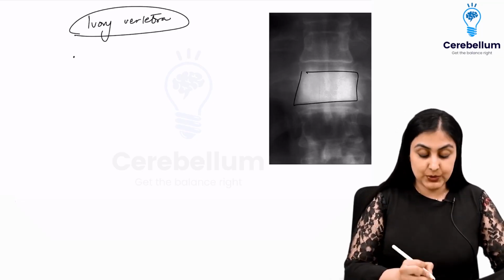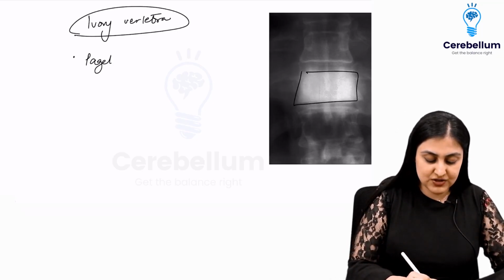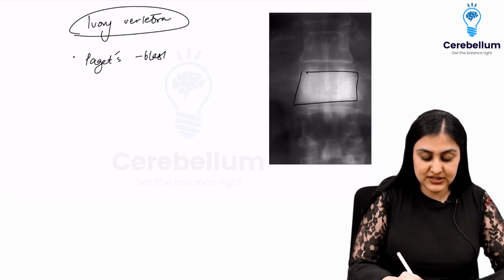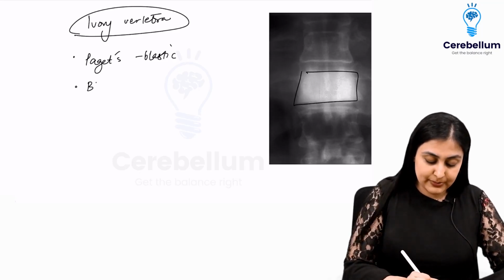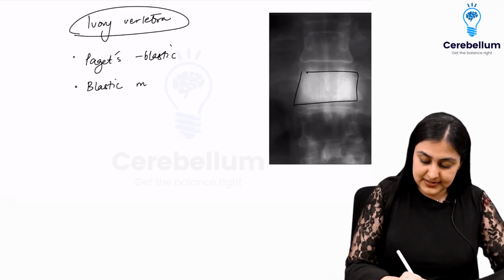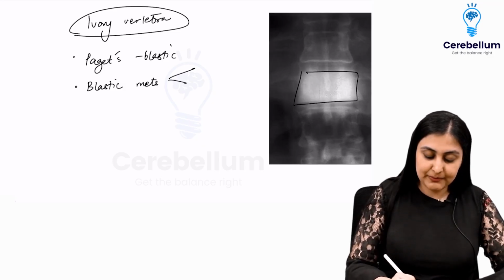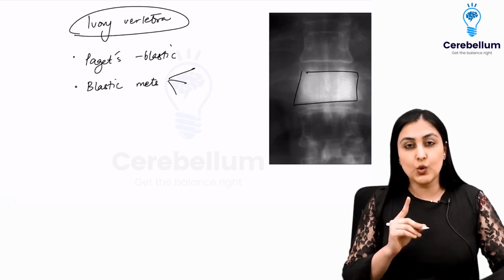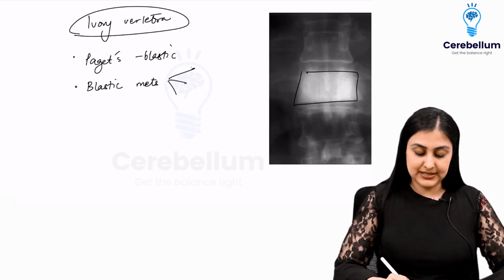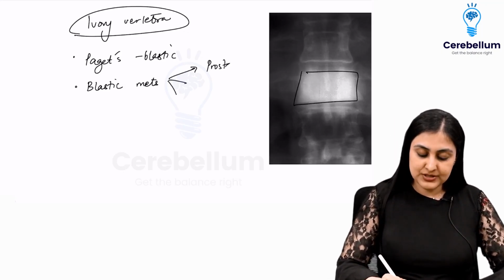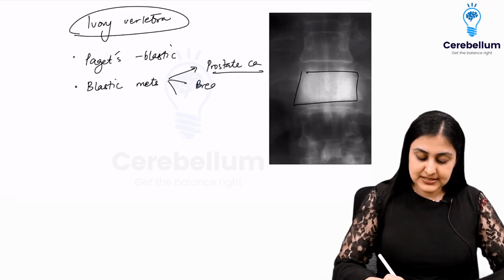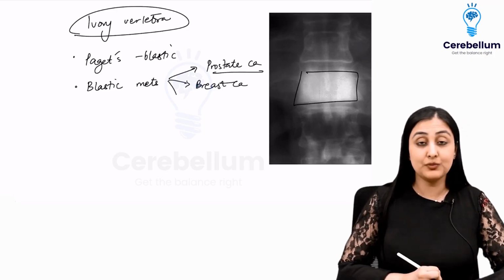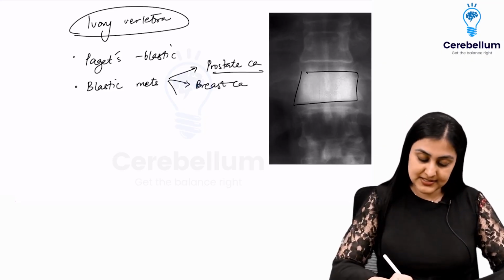One condition that we are just discussing, that is Paget's. So in the blastic phase of Paget's, you can have ivory vertebra. Apart from that, when you have blastic metastasis, remember 3 main primaries only which give blastic metastasis. One, prostate CA, extremely important. Second, breast CA in females, can give you blastic and lytic metastasis.